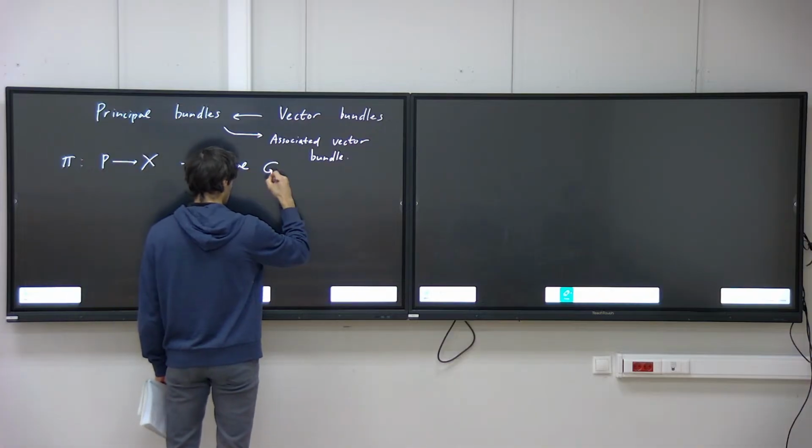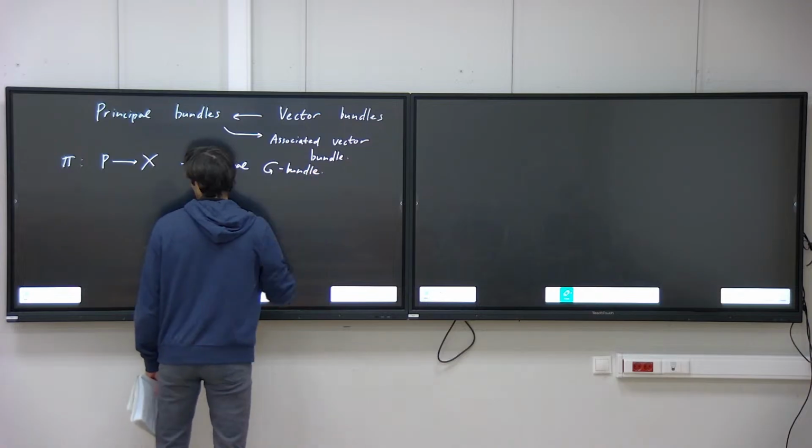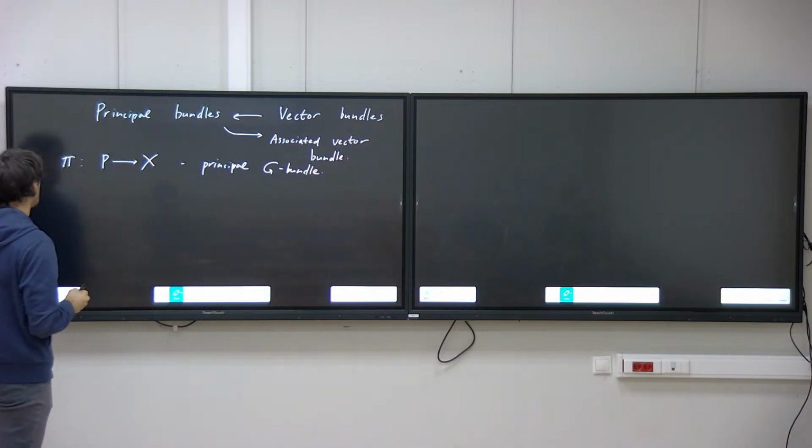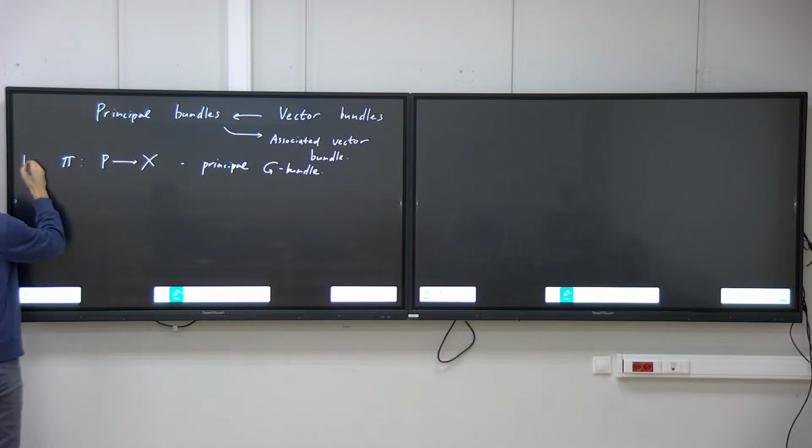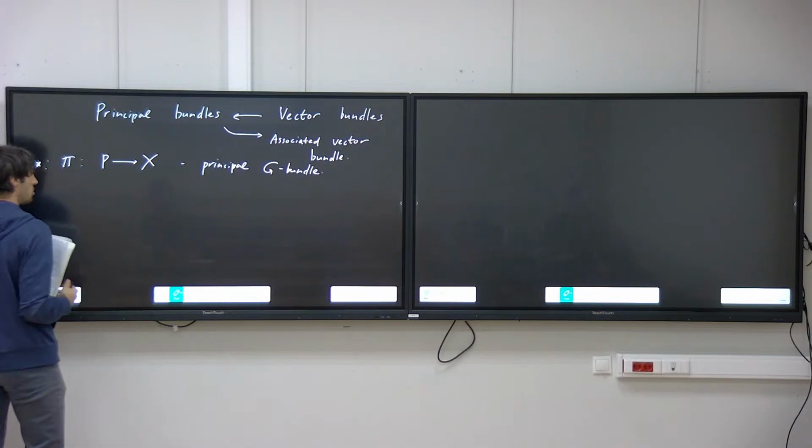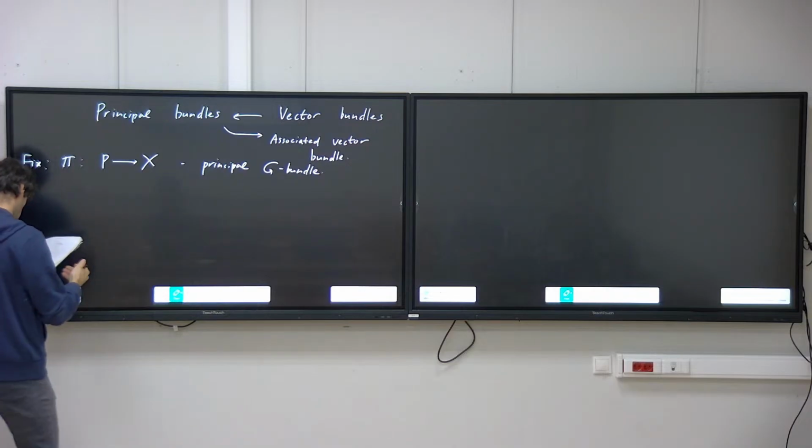So your Lie group is G. And then also you need to fix, so this is like initial data, a representation of G, a finite dimensional representation.